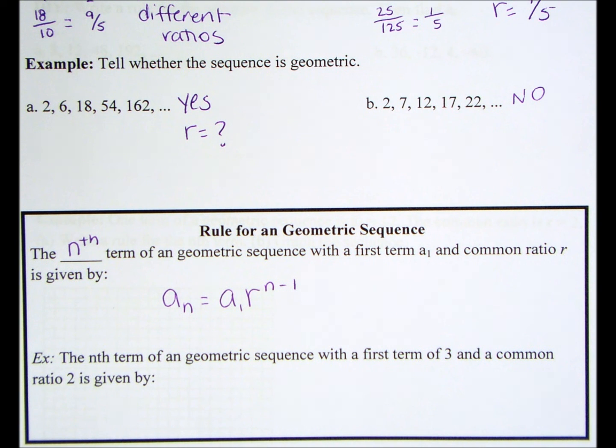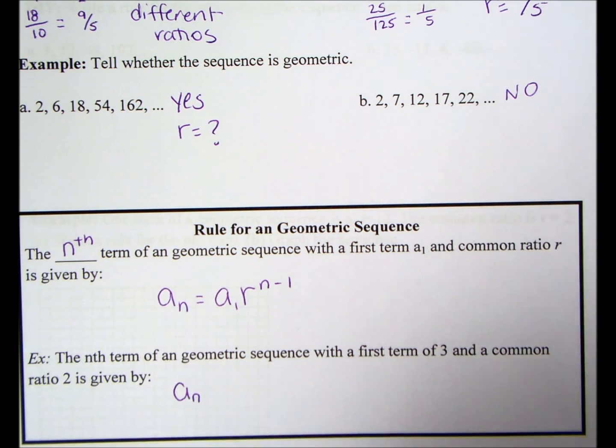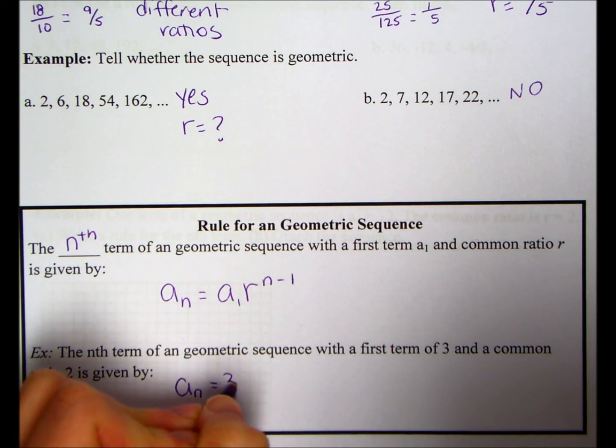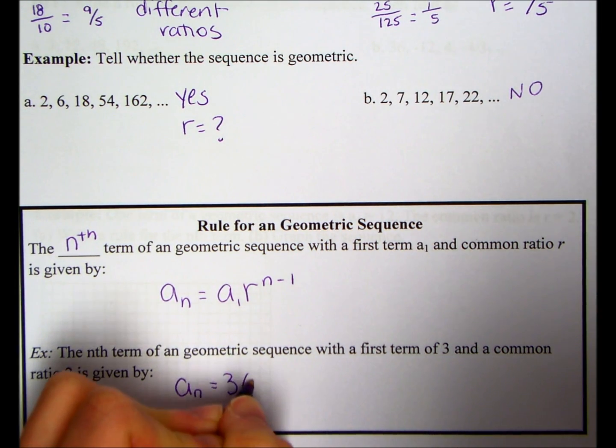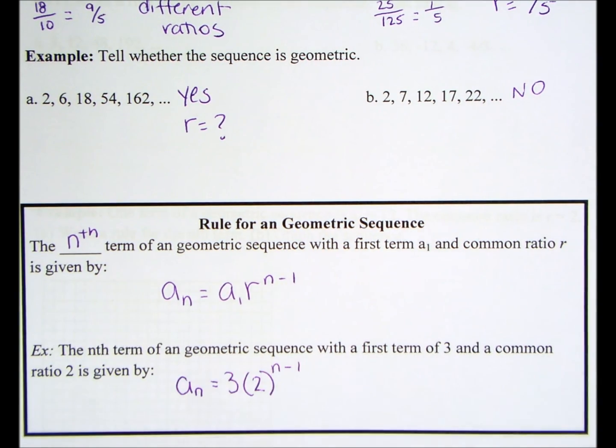For the example here, the nth term of a geometric sequence with a first term of 3 and a common ratio of 2 is given by this formula.